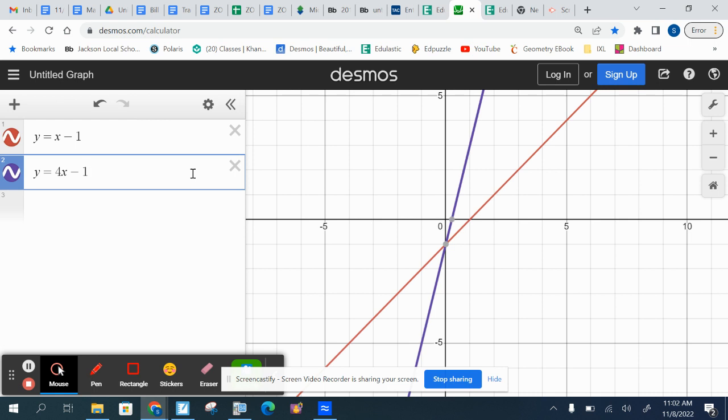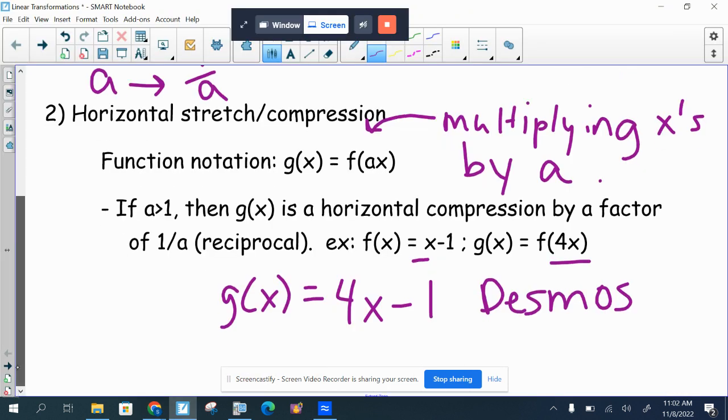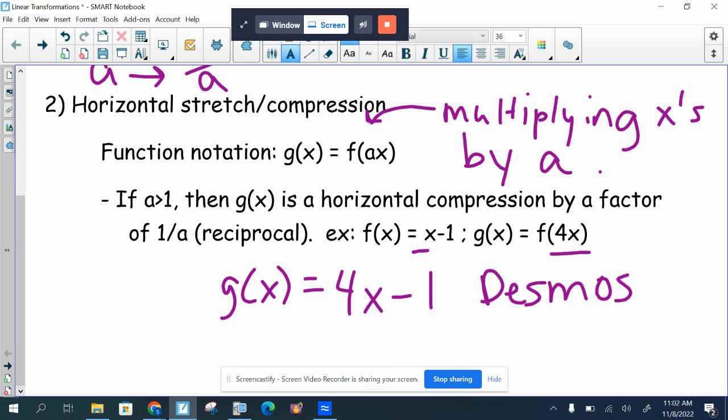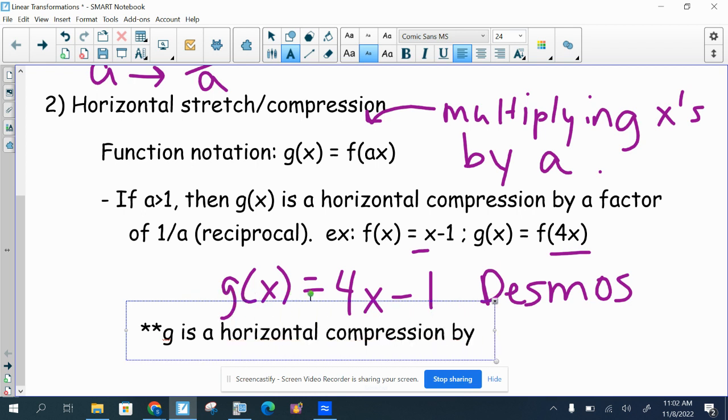So go back to your notes and write down the description for this one. So G is a horizontal compression by a factor of what?